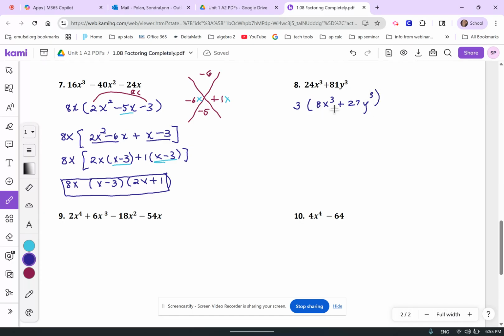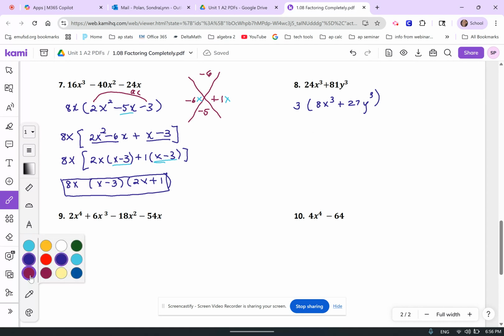It's not difference of perfect squares because we don't have a difference, and none of these terms are perfect squares. But notice that we have a plus sign in between the two terms. 8 is a perfect cube, 2 cubed is 8. X cubed is a perfect cube because the exponent is a multiple of 3. 27 is a perfect cube because 3 times 3 times 3 is 27. And y cubed is a perfect cube.